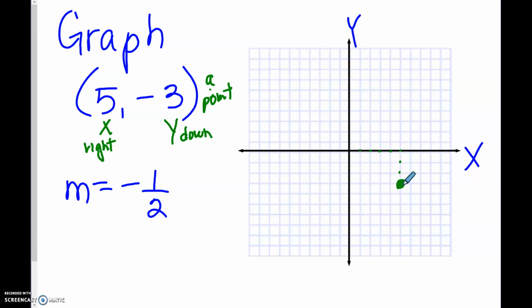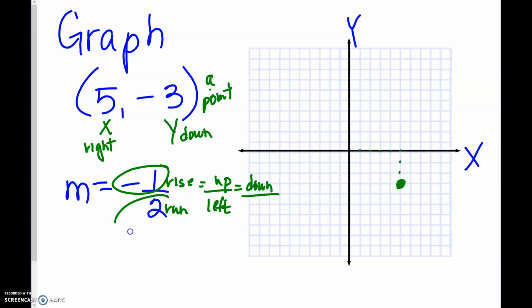Now I'm going to use my slope to find another point. So remember, this is rise over run. Okay, now I like to always go up. And now because this is a -1/2, I'm going to go left 2. Okay, now some of you don't like to do it that way. You like to say, well, hey, that's a -1 on top. So I'm going to go down.